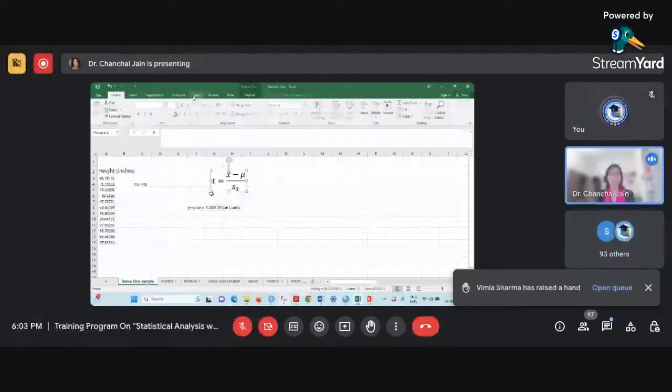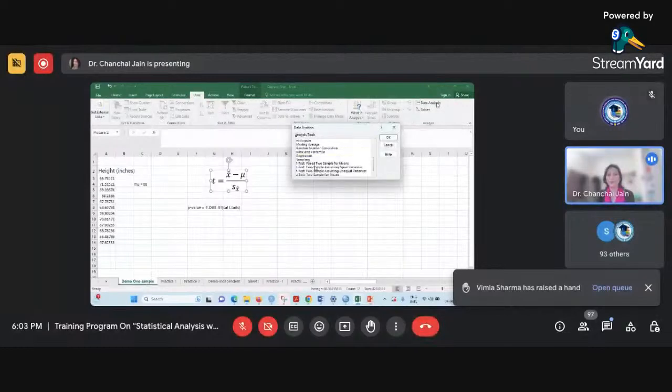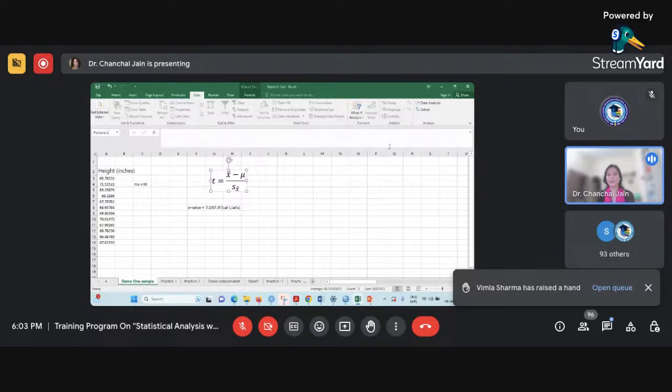Now I want to see whether there is any significant difference between the sample mean and the population mean or not. When we are talking about the one sample t-test, we need to have the population mean. Sample mean we can easily calculate, but we need to compare this sample mean with the population mean. So always you need to have the population mean to compare your sample mean.